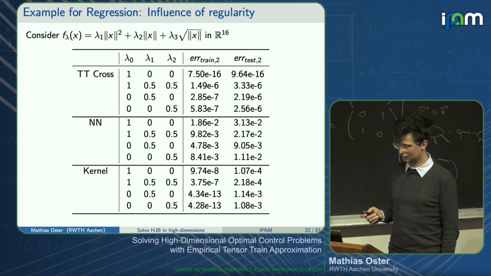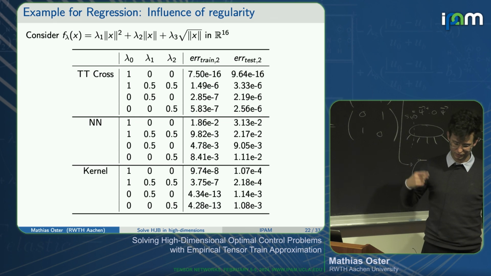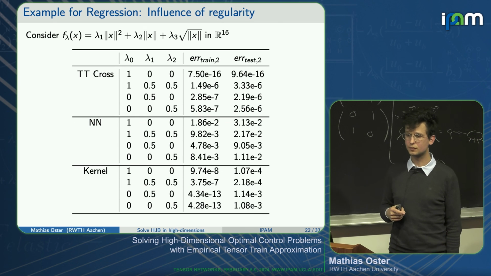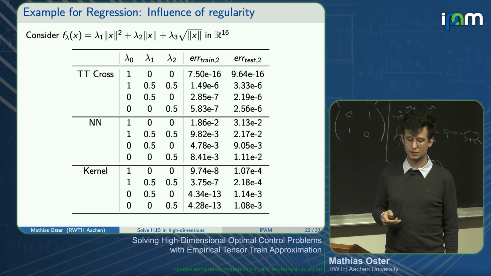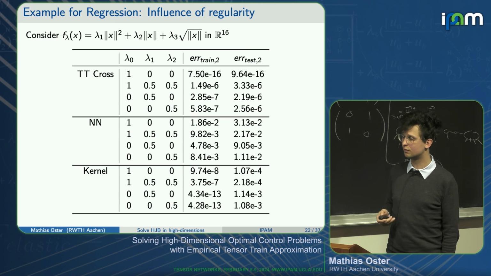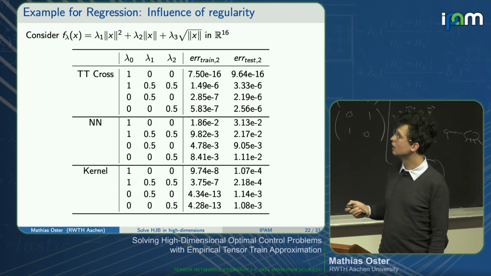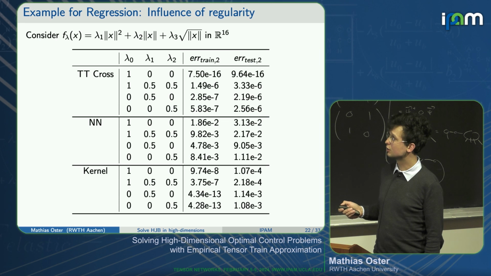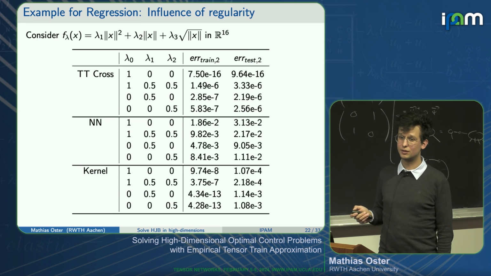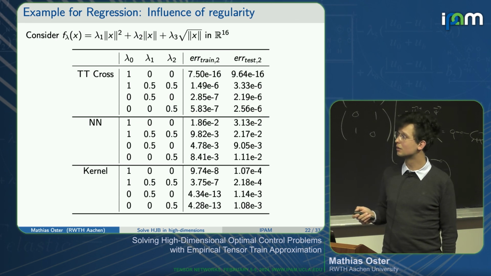Then we got interested in what TTs can actually do. We started a small set of examples where we want to test them in comparison to neural networks and kernel methods. The first thing that interested us was the influence of how regular the function is that needs to be approximated.